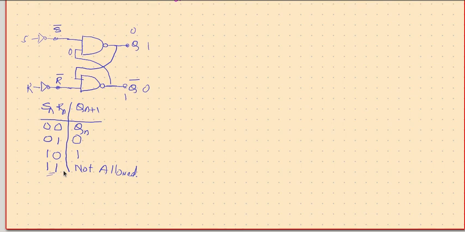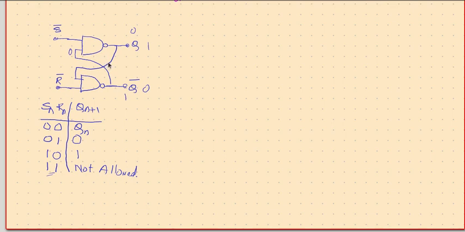Done. Now the issue is when we are working with multiple digits, multiple bits, then for every bit we need such a circuit to remember what you want to save.